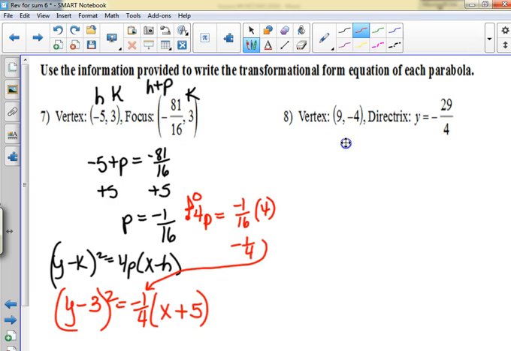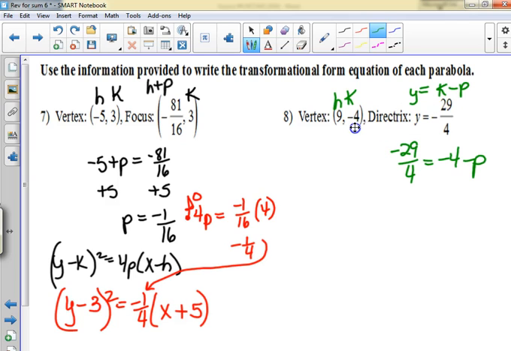All right. This is the same kind of thing. We still have h and k. When the directrix is a y equals, it says y equals what? K minus P. So it opens up or down. Okay. I'm going to write -29/4 equals -4 minus P. Everybody following what I did?